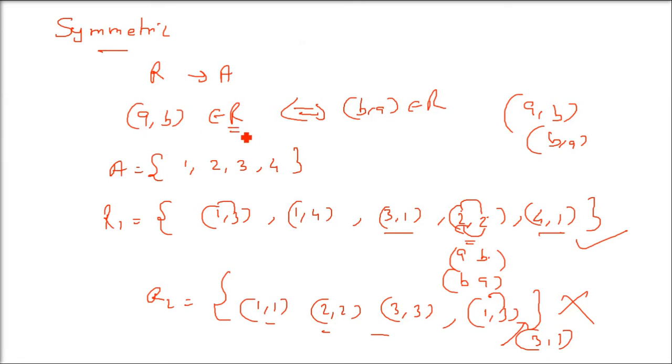In symmetric, we said (a, b) belonging to R, (b, a) should also belong to R. But in anti-symmetric, if (a, b) belongs to R and (b, a) belongs to R, a should be equal to b. That means a and b should be equal.